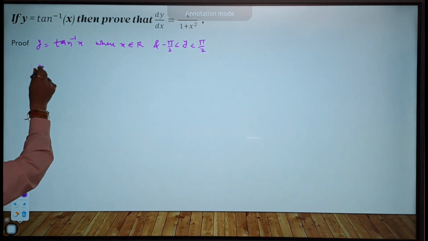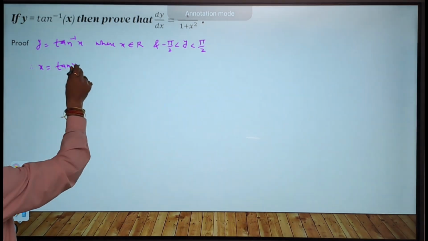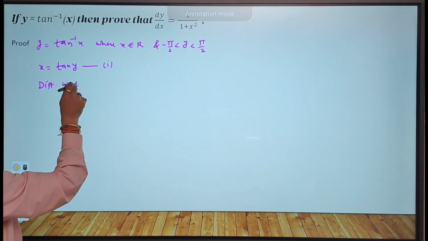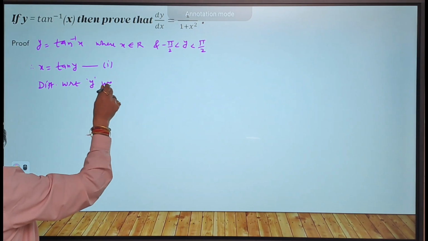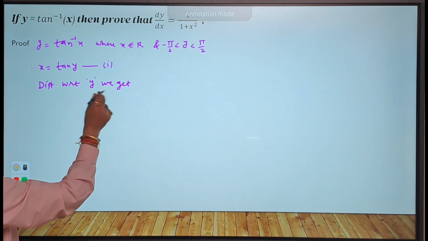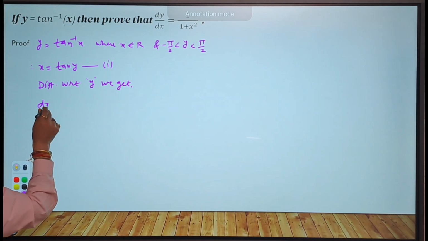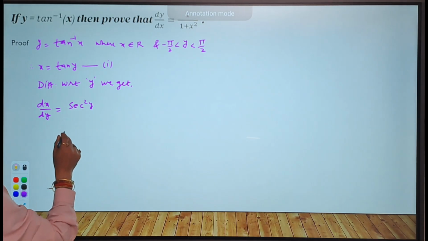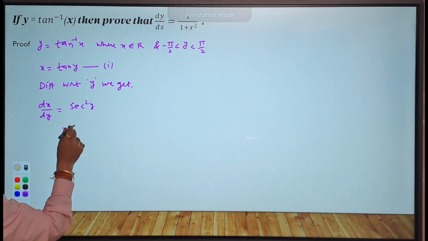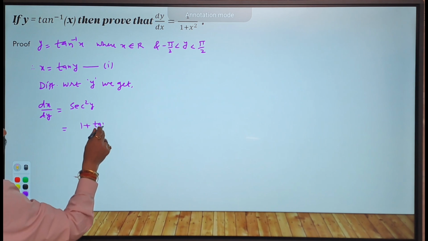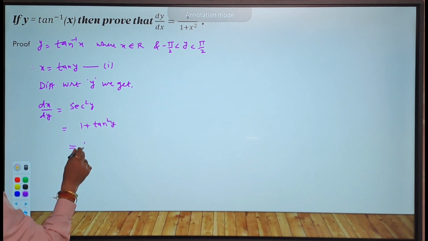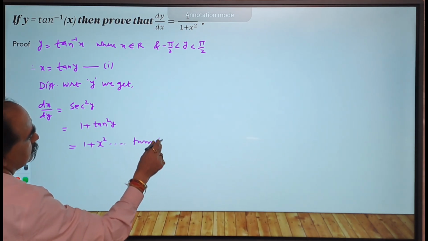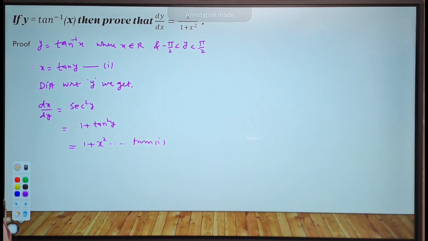Therefore, x will be tan y. Differentiating with respect to y, we get dx by dy equal to sec square y, and sec square can be written as 1 plus tan square, 1 plus x square, from 1. Now there is no plus minus, so we don't have to decide.